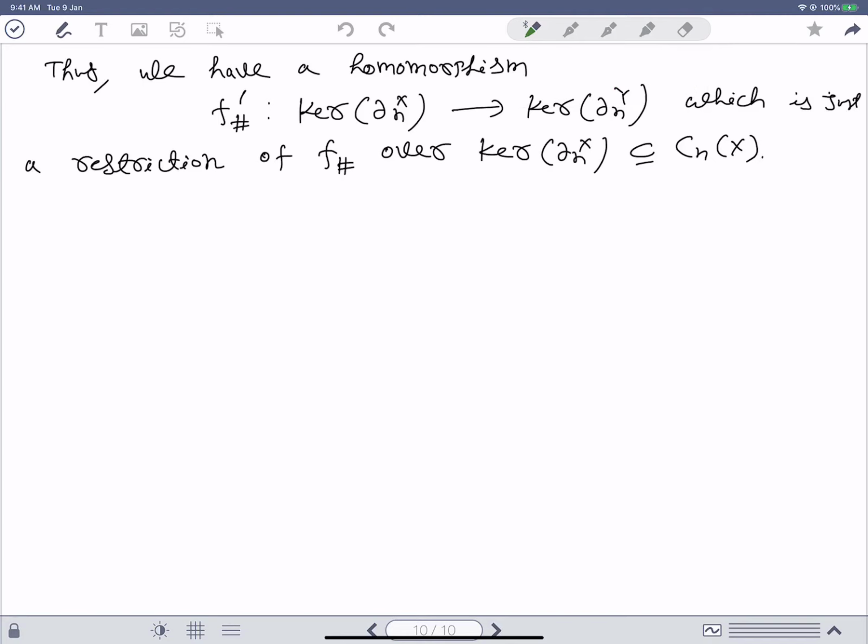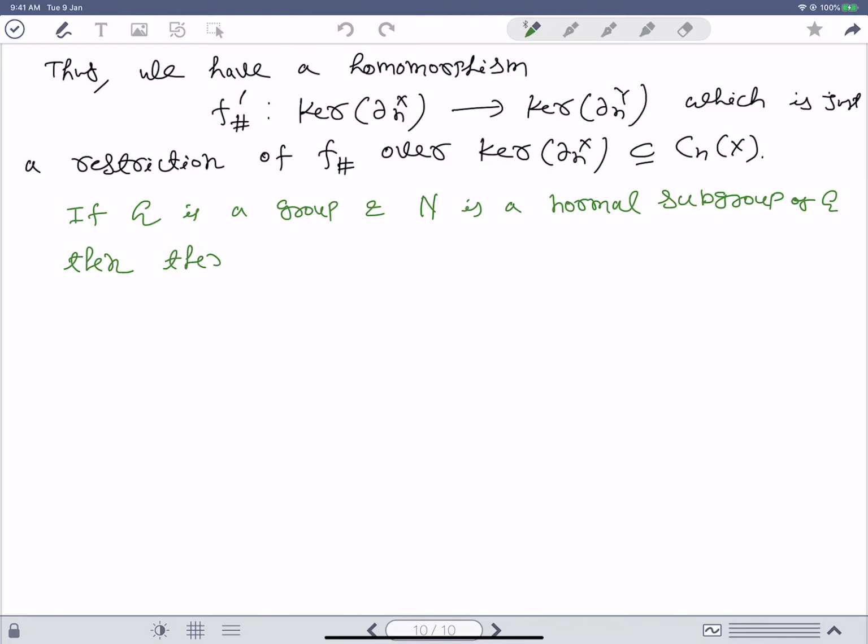So first of all, if G is a group and N is a normal subgroup of G, then there is a homomorphism, say h, from G to G quotient N defined by g going to gN.